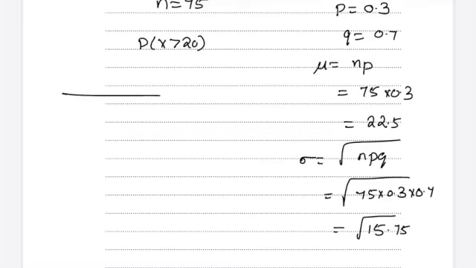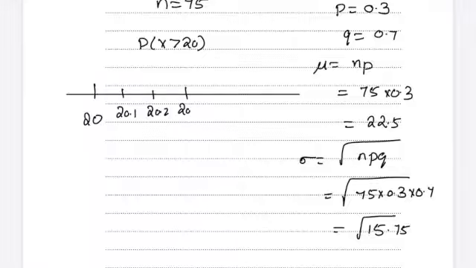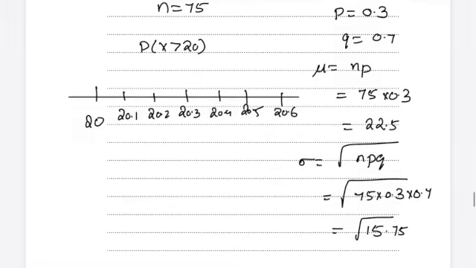Now it is greater than 20. What does it mean greater than 20? If at all it is 20, then 20.1, 20.2, 20.3, 20.4, 20.5 and 20.6. Now if I take 20.1, it will be rounded off to 20.